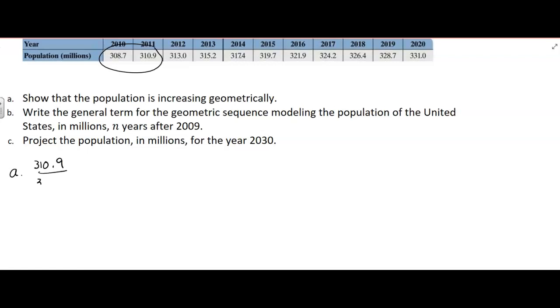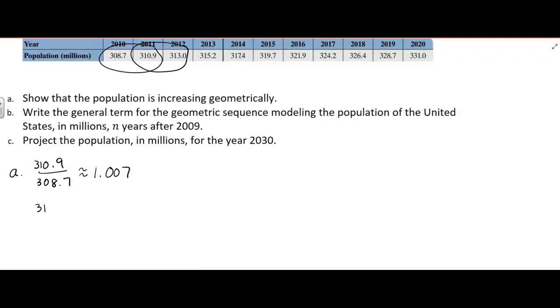310.9 divided by 308.7, and you put it in your calculator, and you're going to get approximately, now we're going to round to 3 decimal places, 1.007. Well, that's not enough to establish that it's geometric. Now you have to take two others, and it doesn't have to be the next two, but I did the next two.